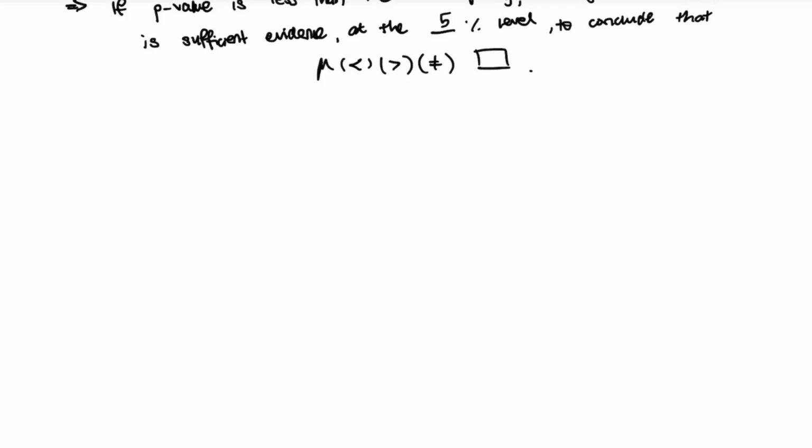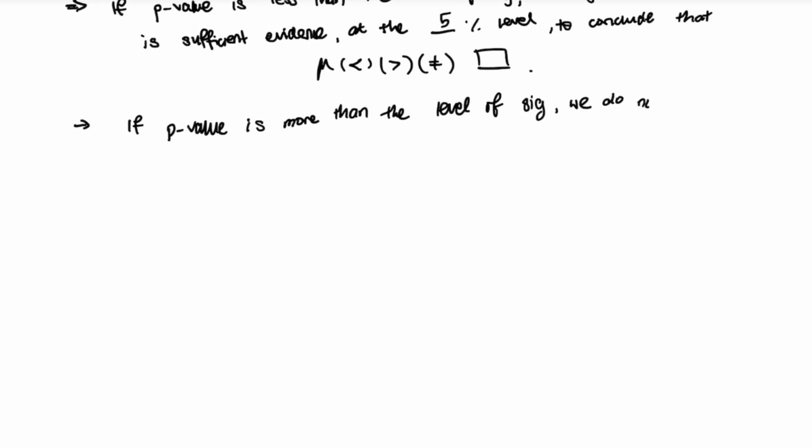On the other hand, if it is the opposite, if the p-value is more than the level of significance, we do not reject H naught.